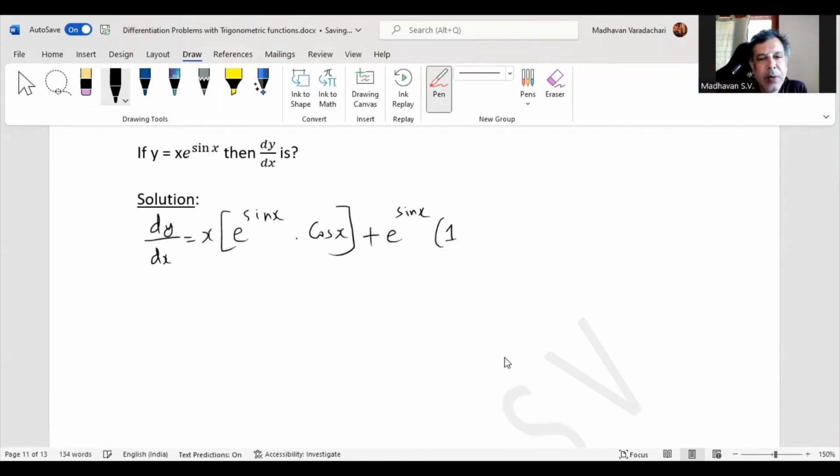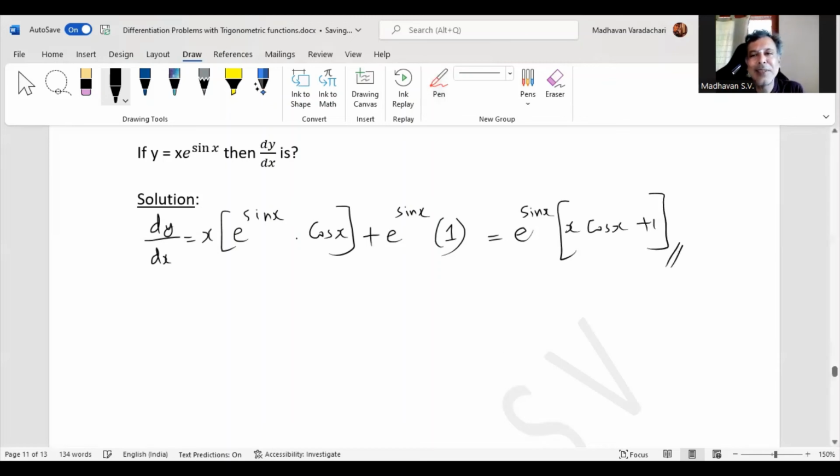Differentiating x will give me 1. So that means here the common term is e power sine x. So you get x cos x plus 1. That will be the result for this.